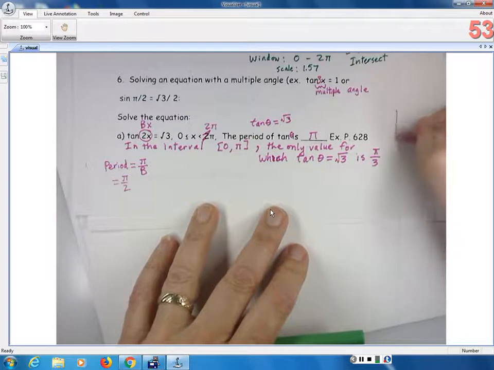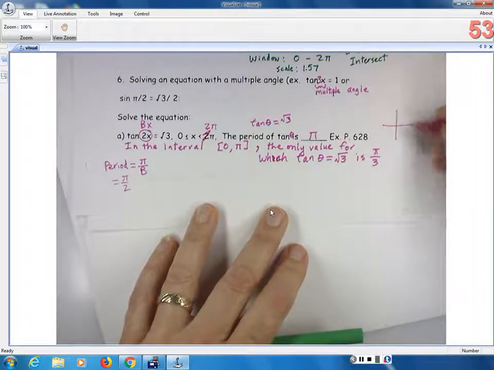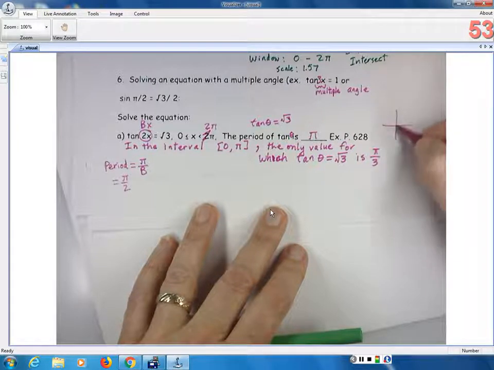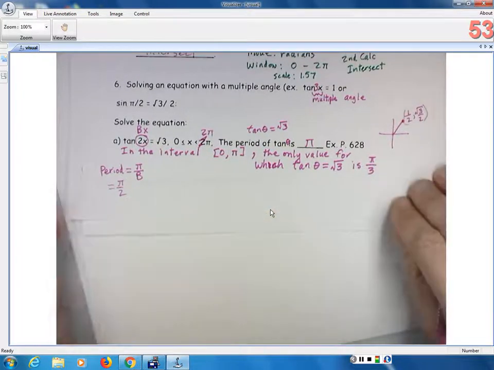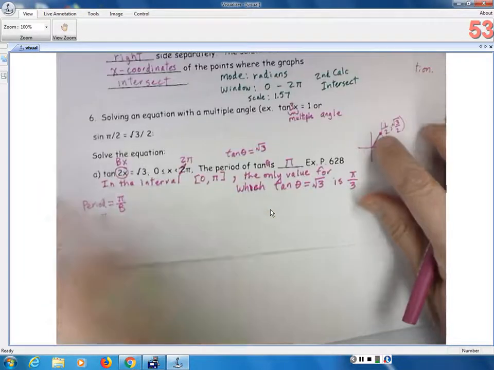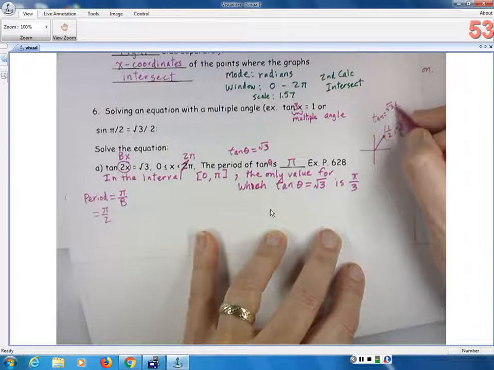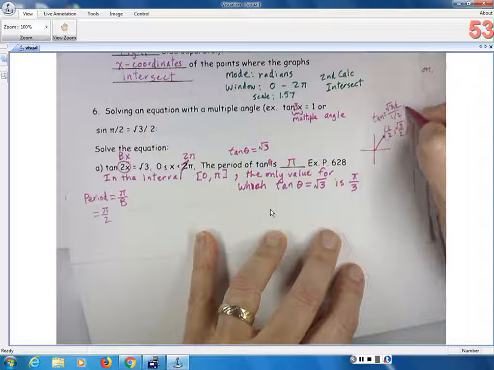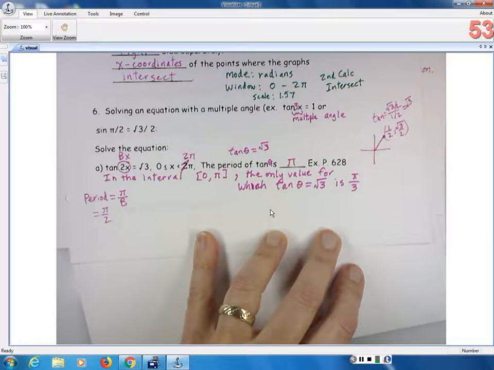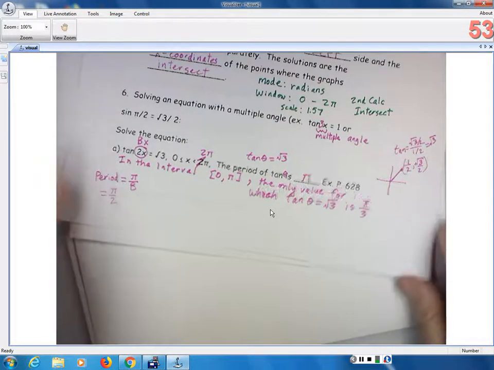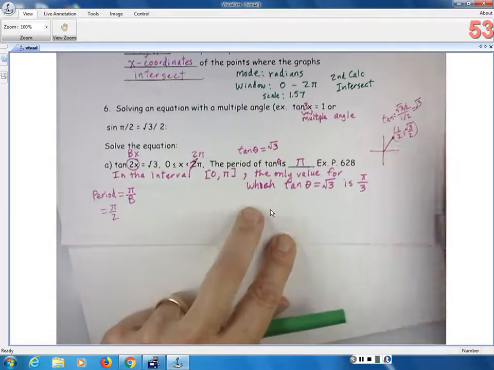At pi over 3, again, we're using this a lot, we have a half and square root of 3 over 2. So tangent is sine over cosine, or y over x. So tangent here is square root of 3 over 2 divided by 1/2, which is square root of 3. I know that's hard to read. It's square root of 3 here at pi over 3.